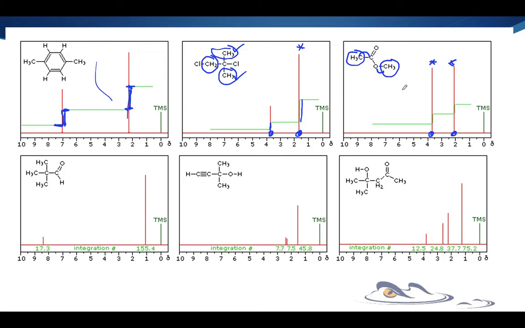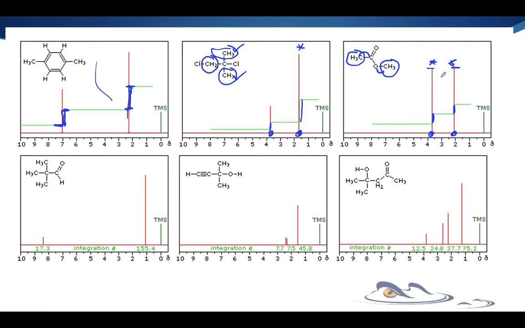And the other thing we can get from this is that both of these peaks are the same height, aren't they? Since they're both the same height, look at our integration here. The integration height is the same for both of them. That would tell me that there's an equal number of hydrogens in these 2 environments. See?